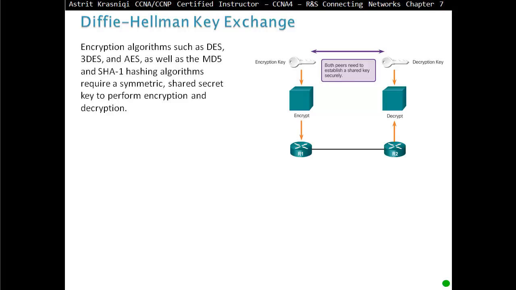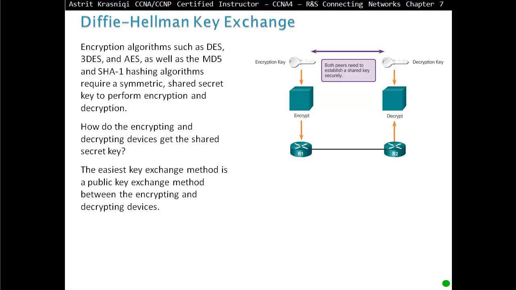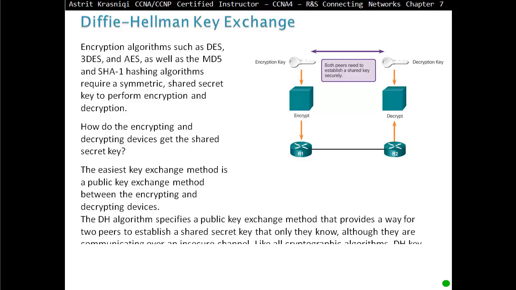Now, encryption algorithms such as DES, triple DES, and AES, as well as the MD5 and SHA-1 hashing algorithms, require a symmetric shared secret key to perform encryption and decryption. How do the encryption and decryption devices get the shared secret key? The easiest key exchange method is a public key exchange method between the encrypting and decrypting devices.